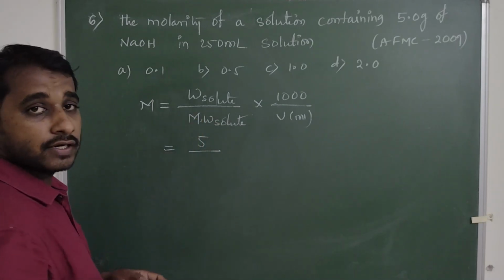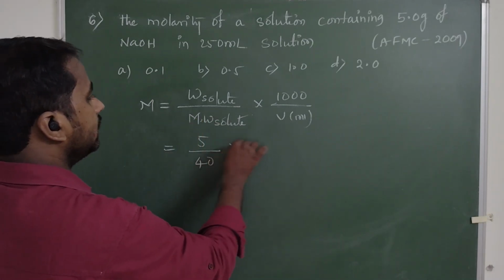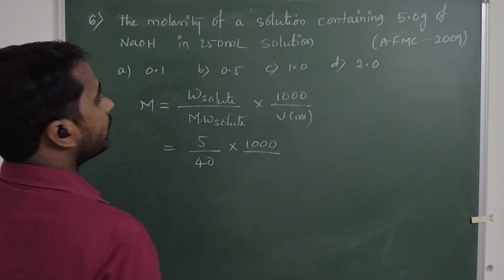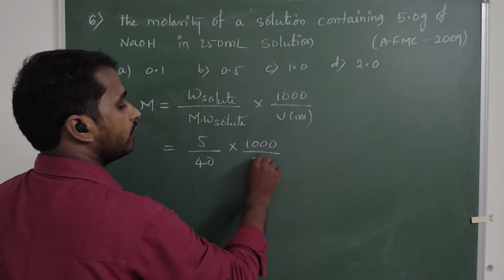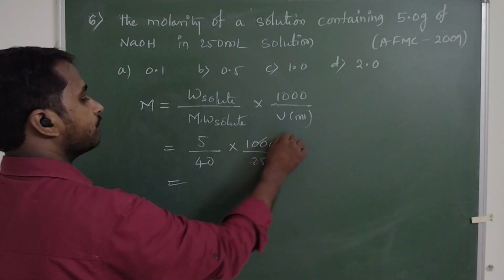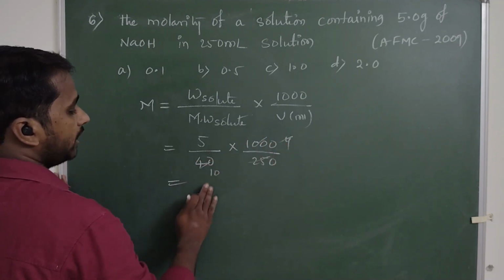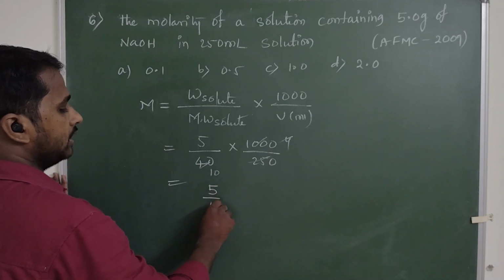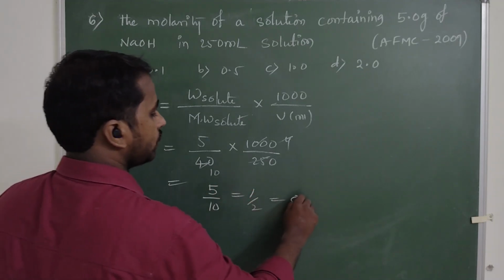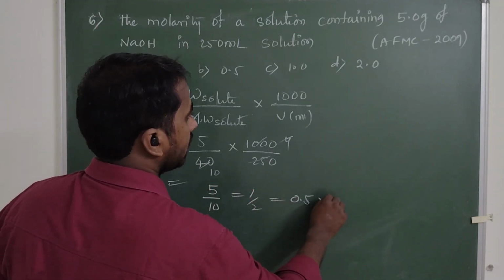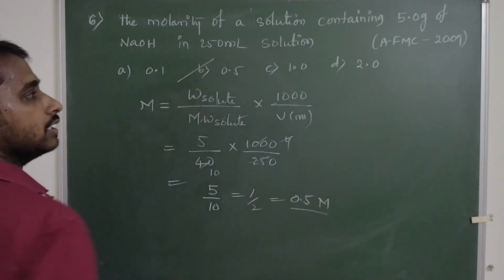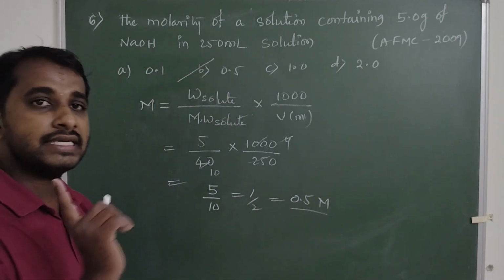Molecular weight of NaOH is 40, into 1000 by 250 ml. So it is 1 by 2, 0.5 molar. So the answer is option B.